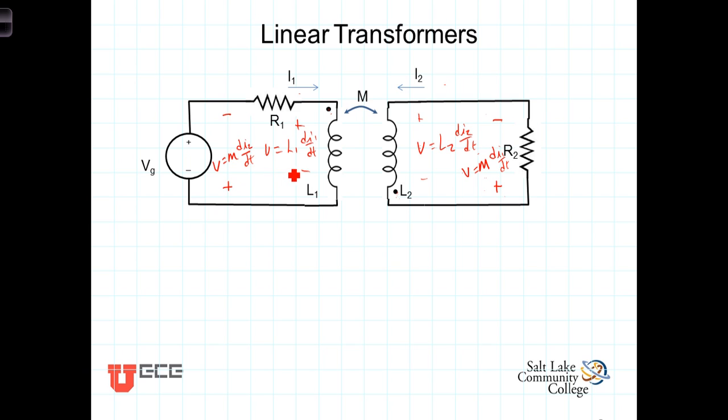And the voltage here in this first coil is proportional to the derivative of the current flowing in this coil. Similarly over here, there are two components to the voltage across this coil. One component is due to the current flowing through here, L2 times dI2/dt, and the other component is due to the current flowing in the other coil that is mutually connected, or magnetically connected between the two.